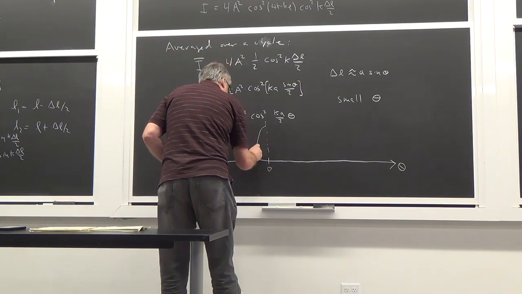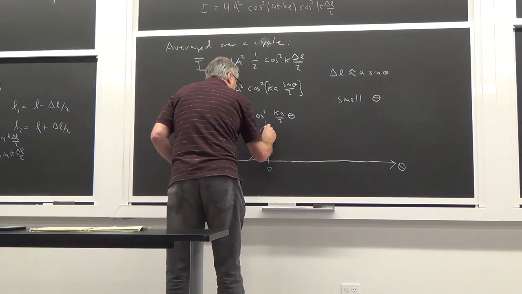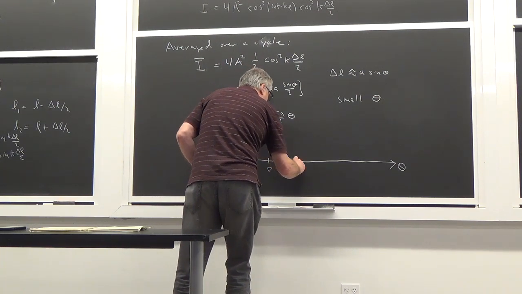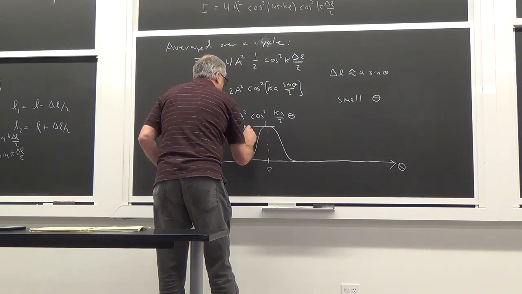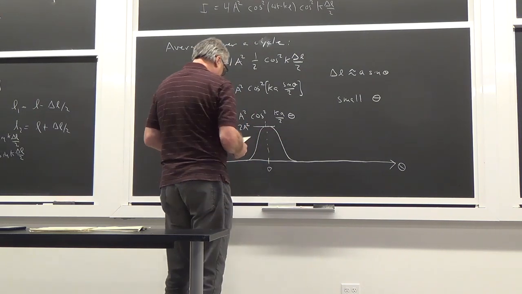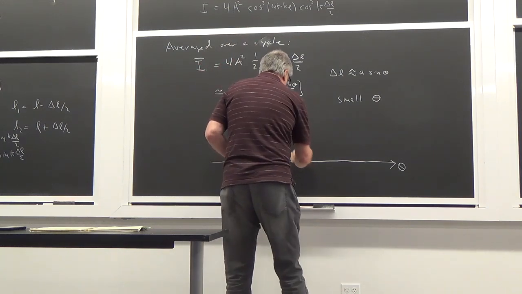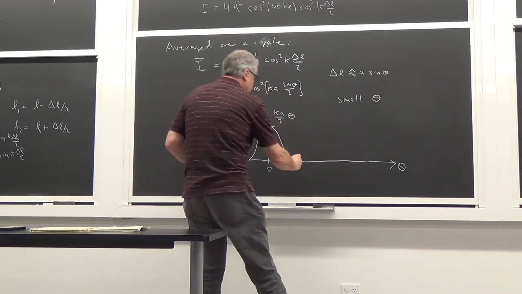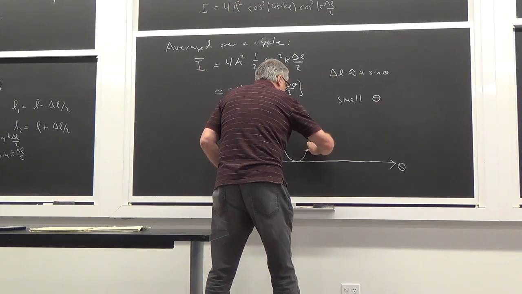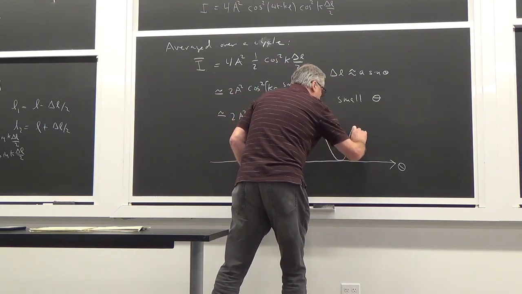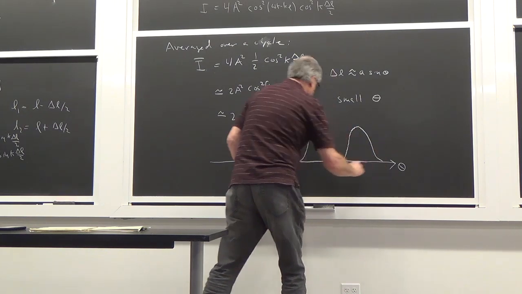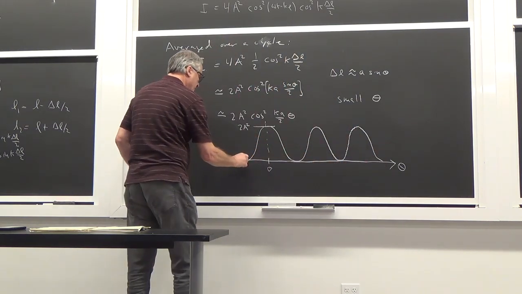So it'll go somehow like this, pull down, and it just oscillates like a cosine squared.